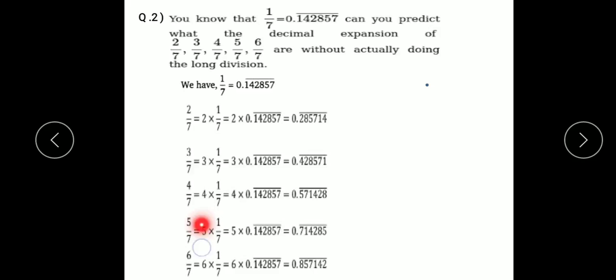Thus, we can find the value for 5 by 7, 6 by 7 easily. Let us verify the value from the decimal expansion of 1 by 7. Have a look at the long division method we have used here to find the decimal expansion of 1 by 7.